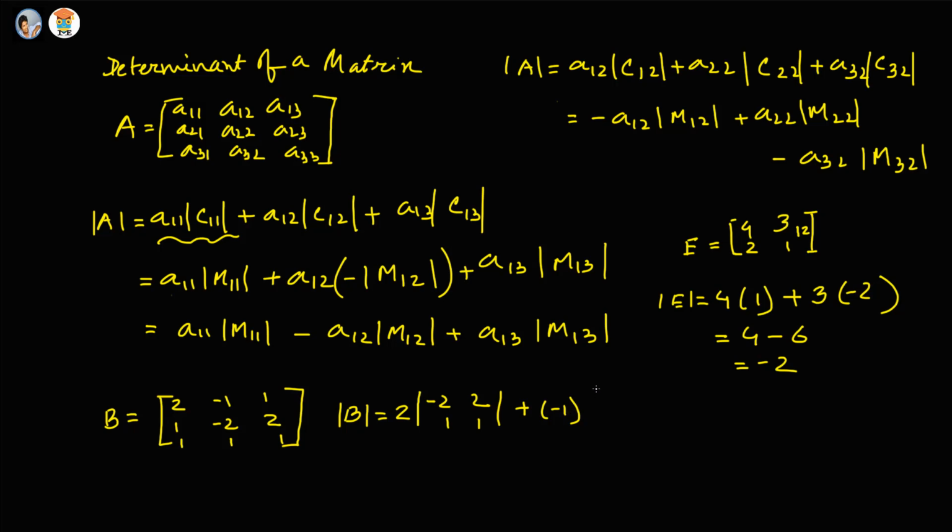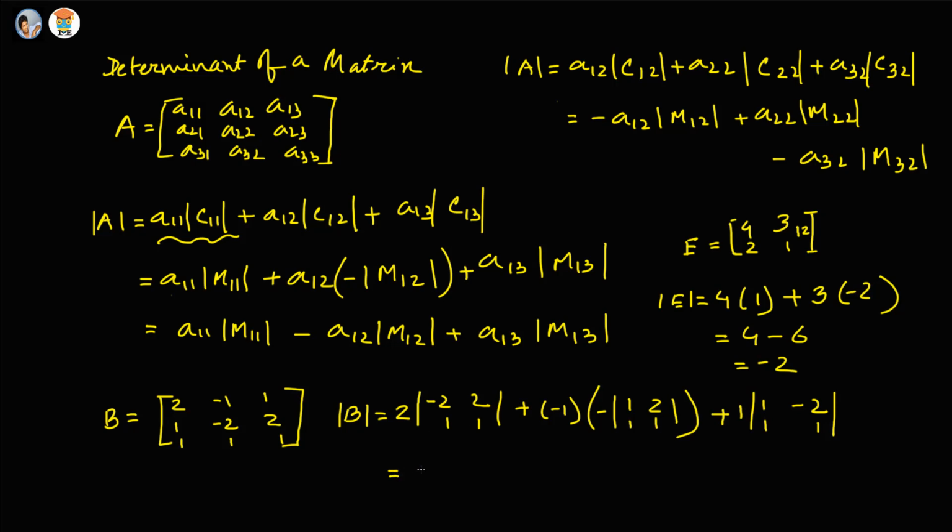So here we will have a negative of the minor, which is 1, 2, 1, 1. Then we will have plus the element 1, and the cofactor here will be 1, minus 2, 1 and 1, because for this element cofactor and minor both are equal.